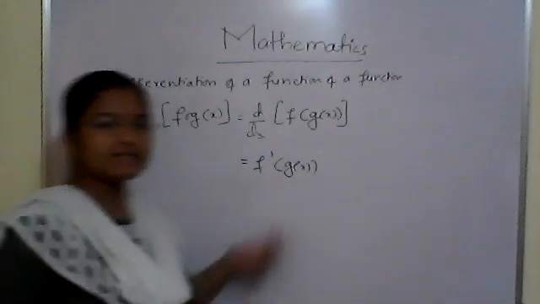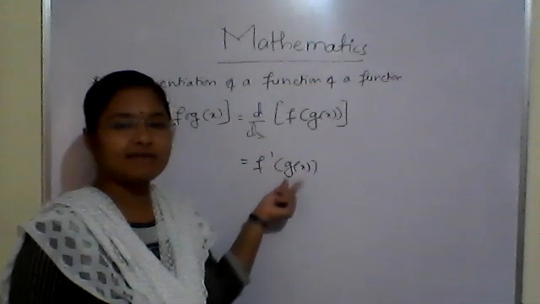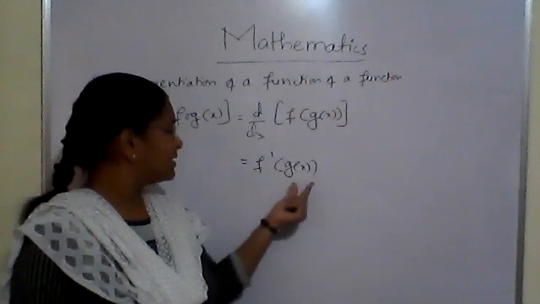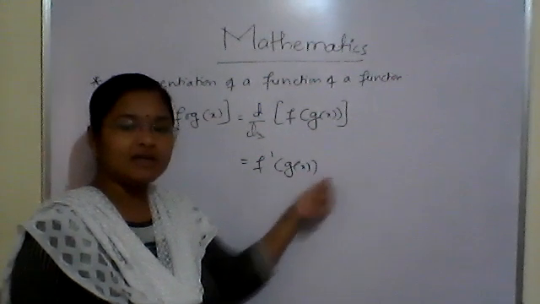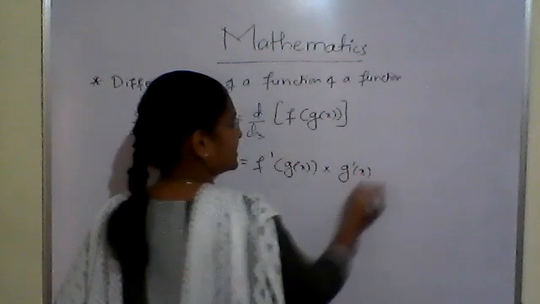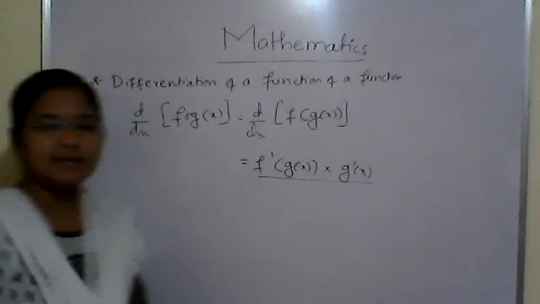Then whatever the expression is there as a variable, we multiply its derivative with f dash. That means derivative of f of g of x will be multiplied with g dash of x, that is the derivative of g with respect to x. Getting?